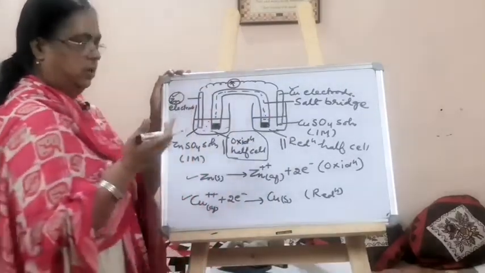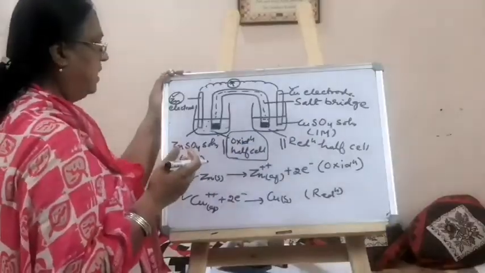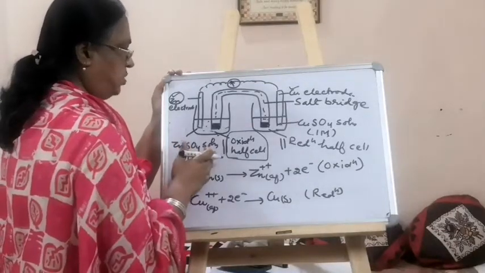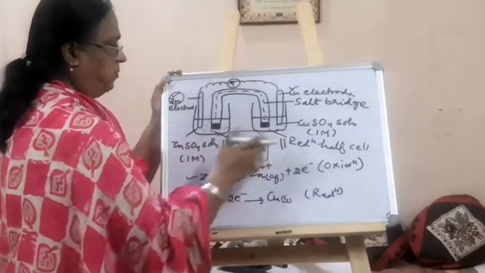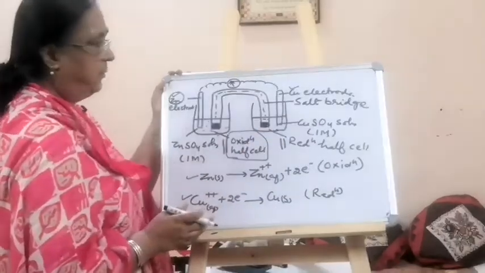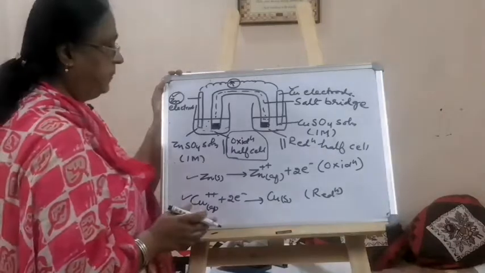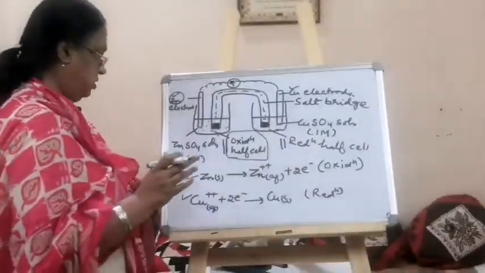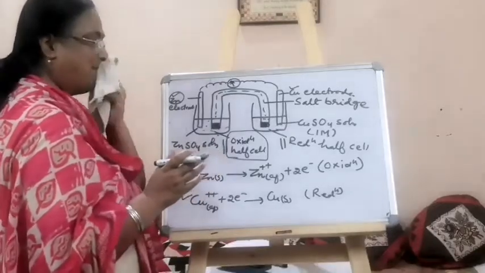So I hope you have understood which metal salt solution must be used in the oxidation half cell and which in the reduction half cell. This is a very important part of this chapter, of this topic. The numerical reasoning questions are all based on this.